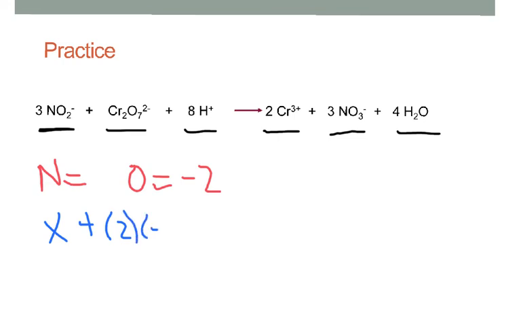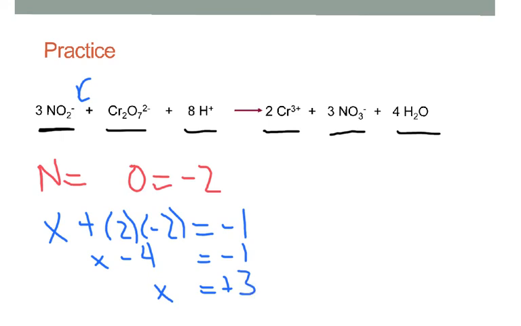Oxygen has a -2 charge. We know this has to overall equal -1 because it's the charge of this ion. So we're going to solve for X. X minus 4 is equal to -1. So X has to equal +3. Alright, so we know the oxidation number of nitrogen.